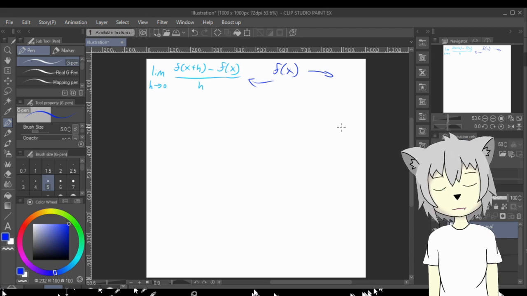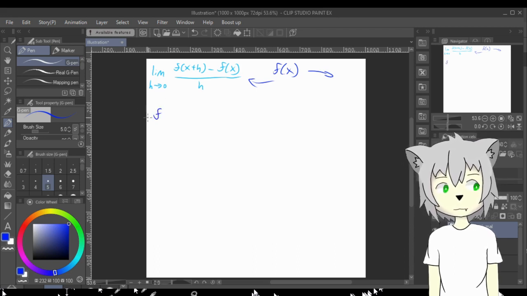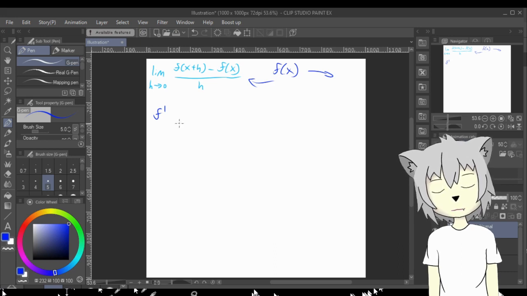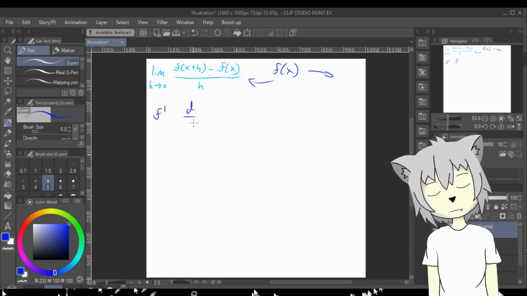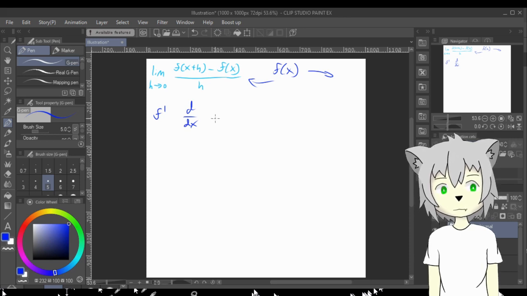And we have special notation for derivatives, or multiple notations. This is f prime. This is how we notate derivatives, and there's also d over dx. That's also another way to denote it.